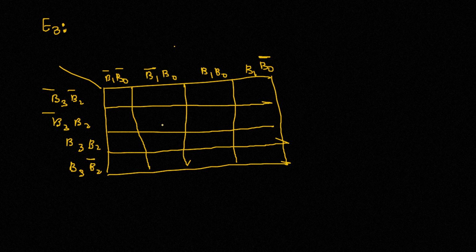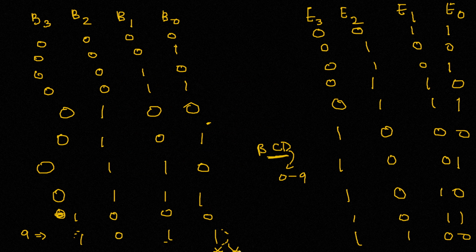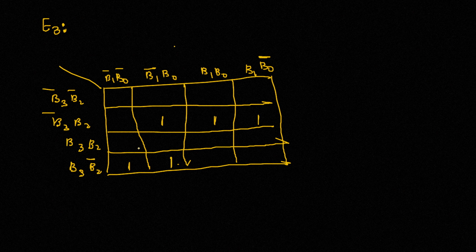So on this K-map, we need to write 1 in these places, and we also know that from 10 to 15, the value for BCD is don't care. So we need to add the don't care condition to all these boxes in the K-map as well. What a don't care condition does is it's just included if it helps us simplify the K-map, or else we do not consider that particular box.